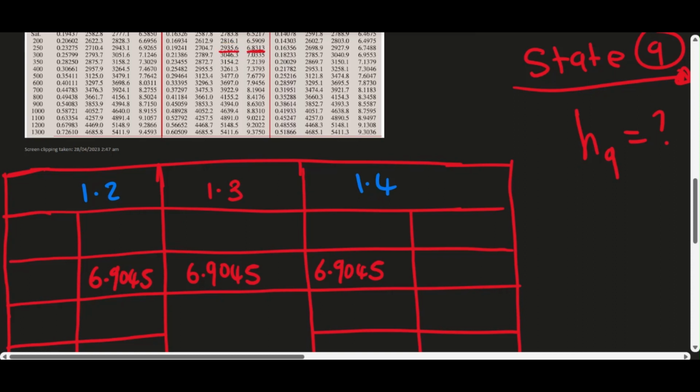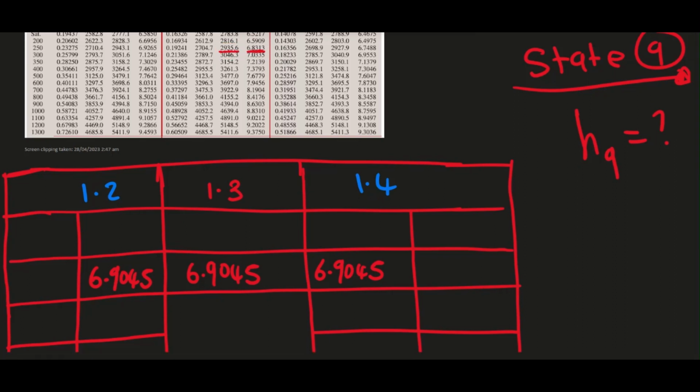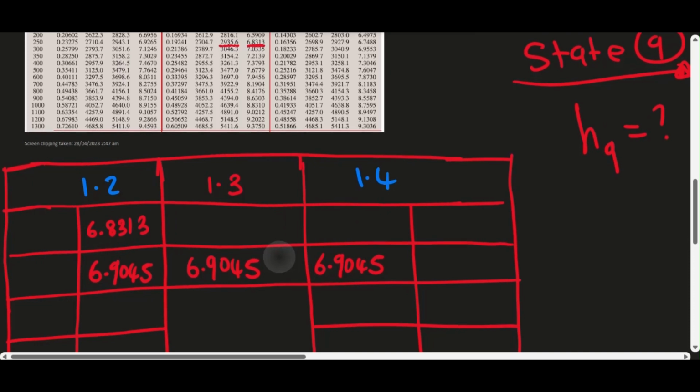Okay, so let's go ahead and do that. We'll interpolate between 6.8313 and 7.0335.